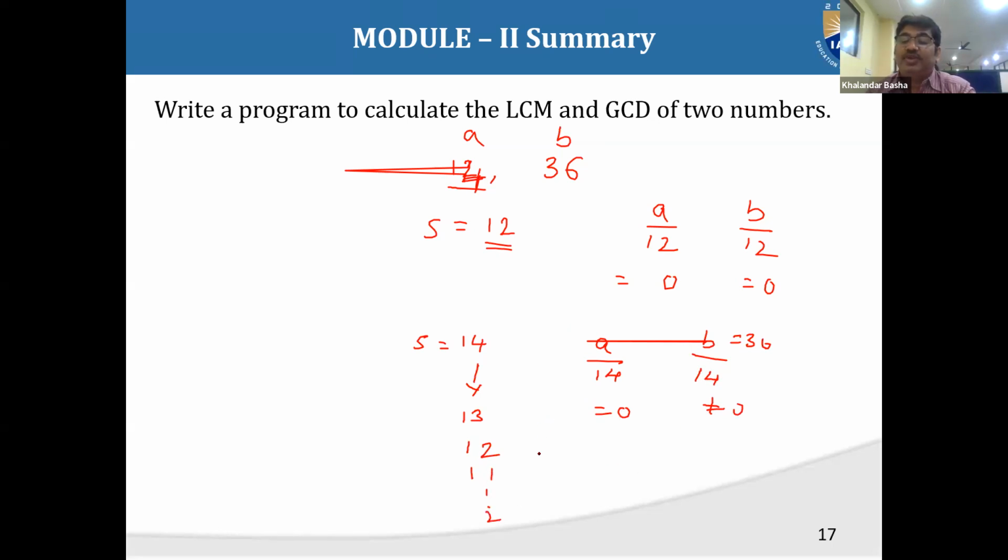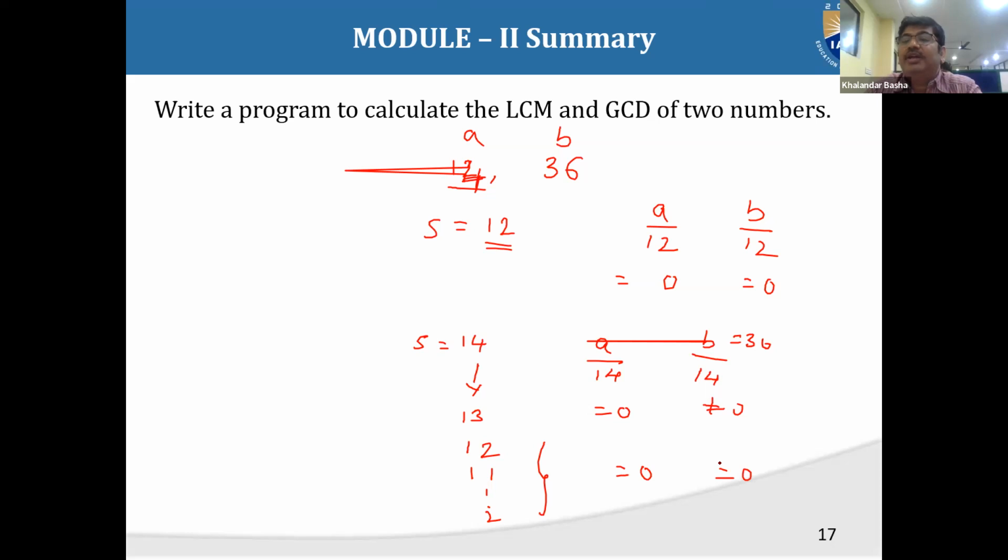So what is the condition? It has to be established. Whenever you are dividing, both the remainders should be equivalent to 0. Whatever value you divided by will be considered as the greatest common divisor. So first, for the given values A and B, I'll pick the smallest one. After picking the smallest one, I will divide both numbers A and B with the smallest number, and check the remainder of A divided by the small number and B divided by the small number.